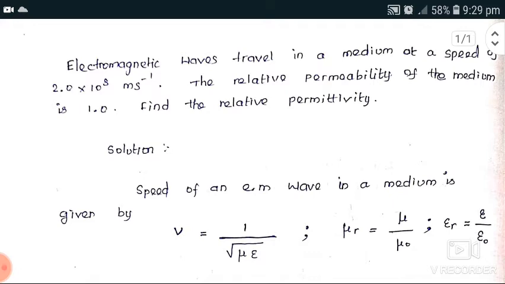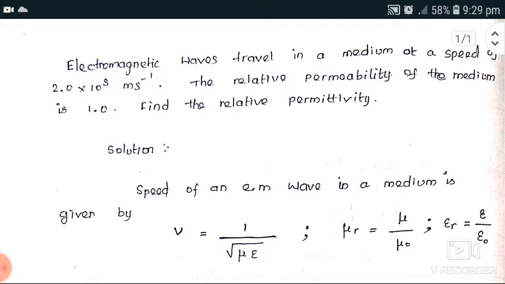For example, light travels from one place to another place, or some energy is transferred from one place to another place. That's the use of the medium. So here the electromagnetic wave travels from one place to another place with the speed of 2 × 10^8 meters per second.